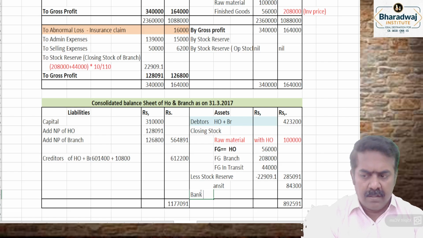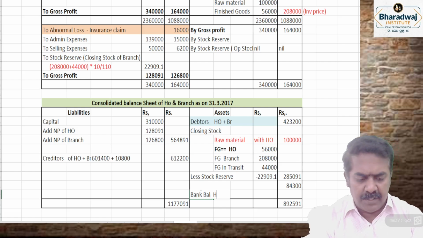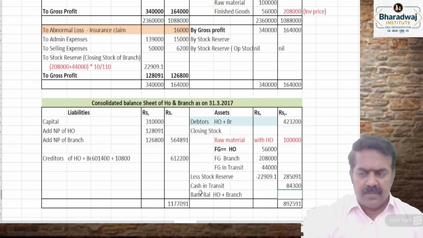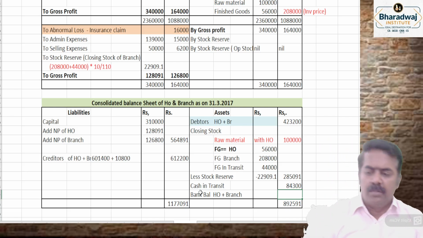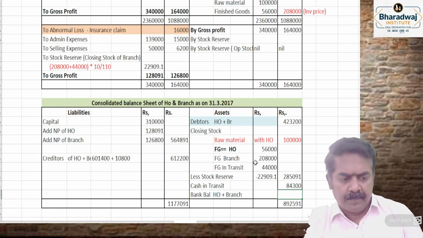Bank balance of head office plus branch. Add both and tell me. 229,500.